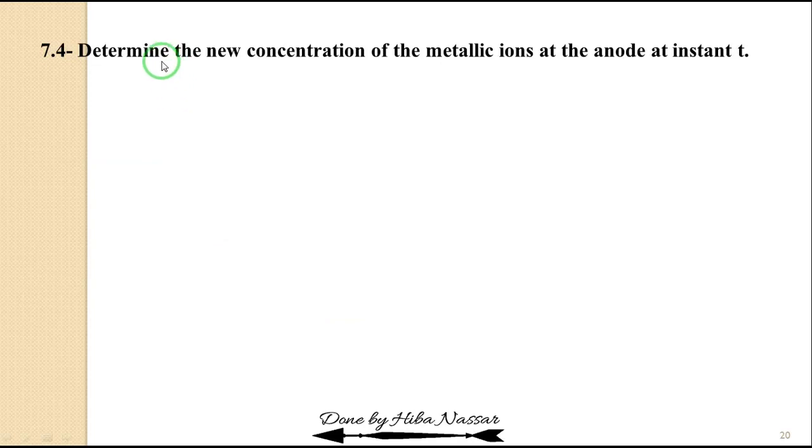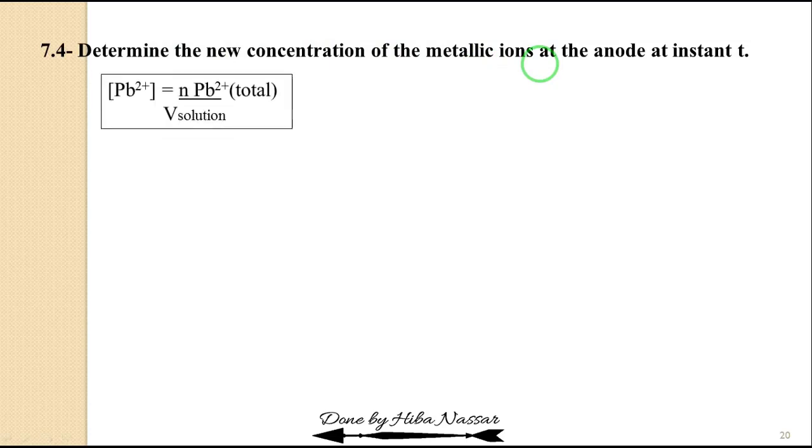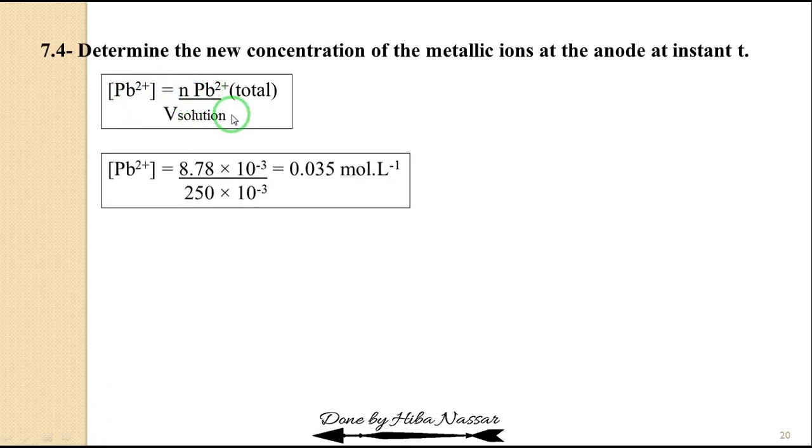Now 7.4, determine the new concentration of the metallic ions at the anode at this instant. So the new concentration is equal to the number of mole divided by the volume of solution. But here I'm going to use the total number of mole, since I will calculate the new concentration.